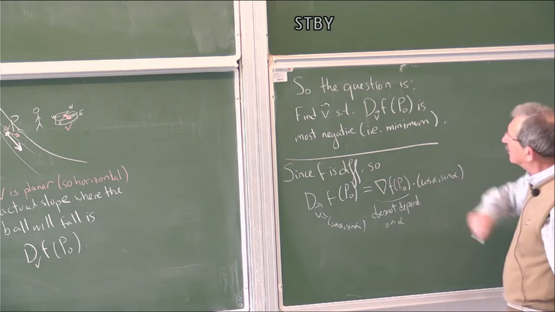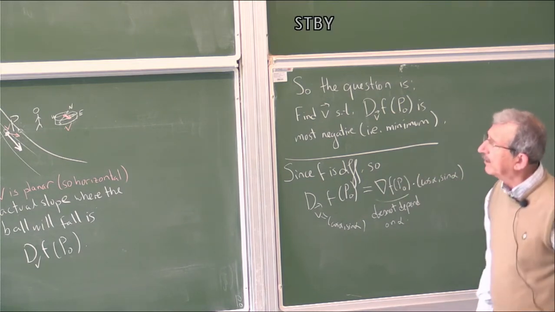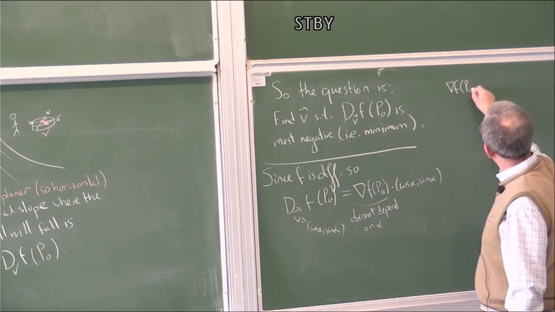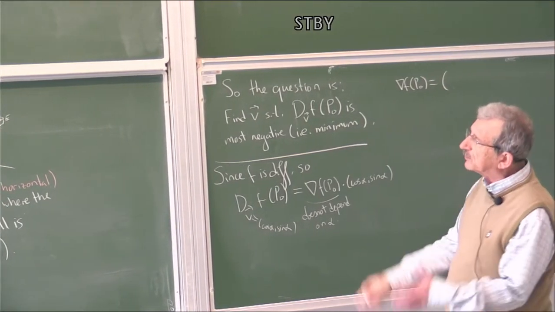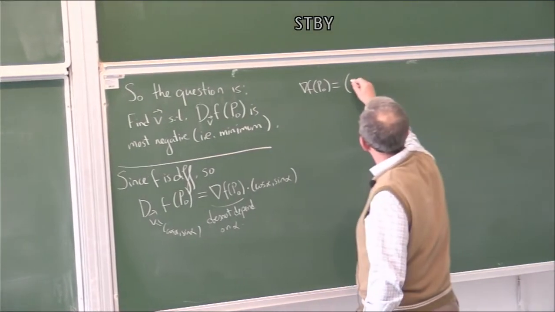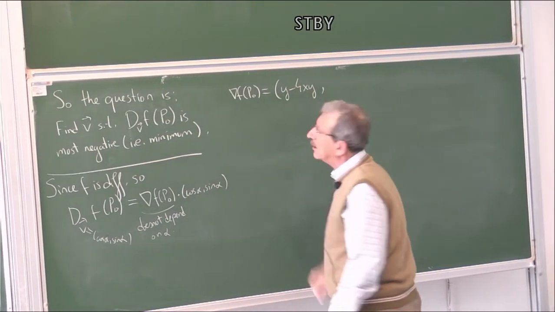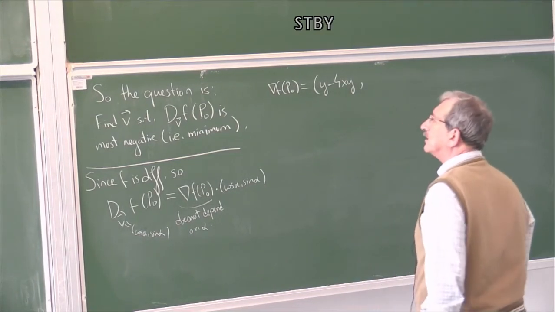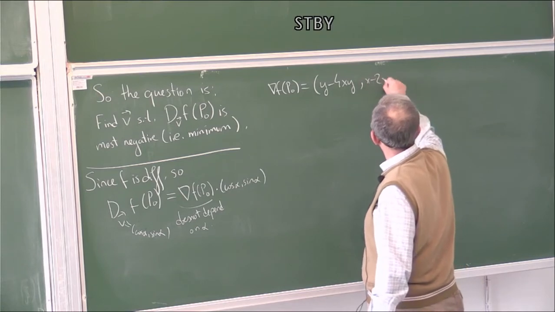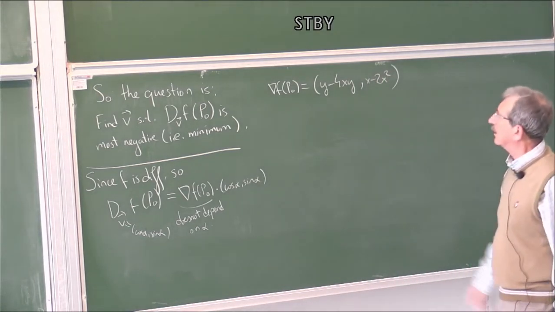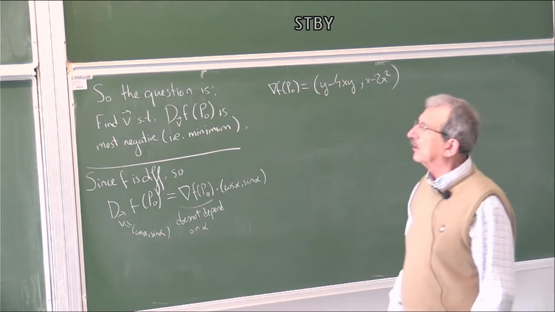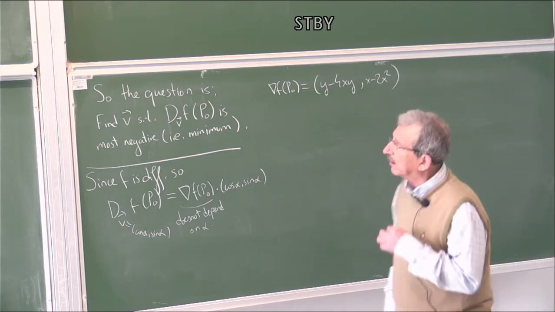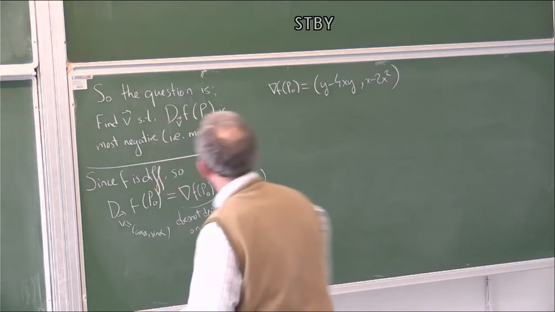Let us calculate this vector now. Our f is given to be xy minus 2x squared y. So the gradient of f is the derivative with respect to x, so y minus 4xy, and the derivative with respect to y, x minus 2x squared. But at the point which is (0, 1).